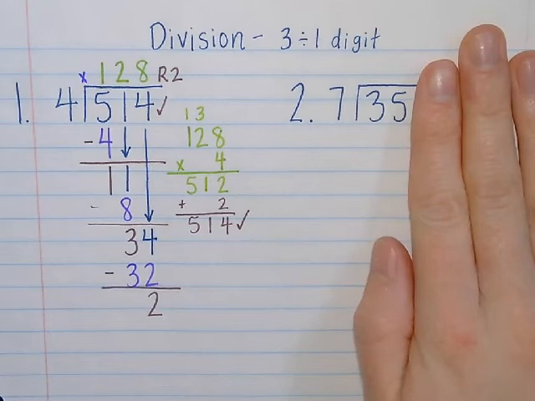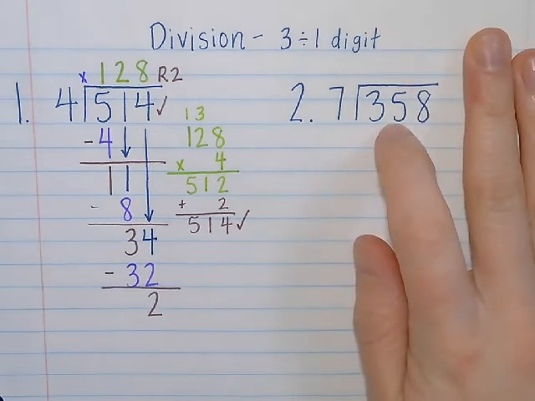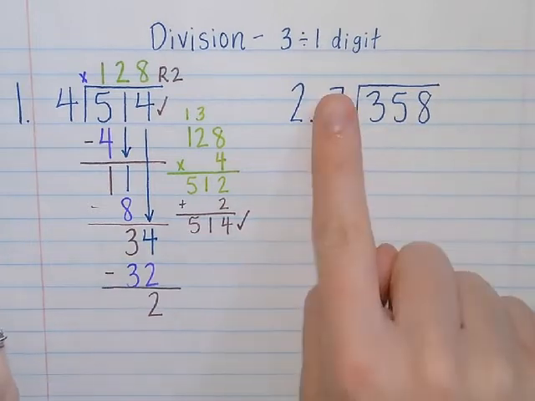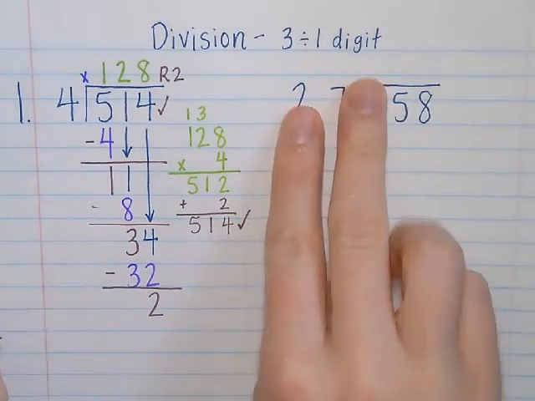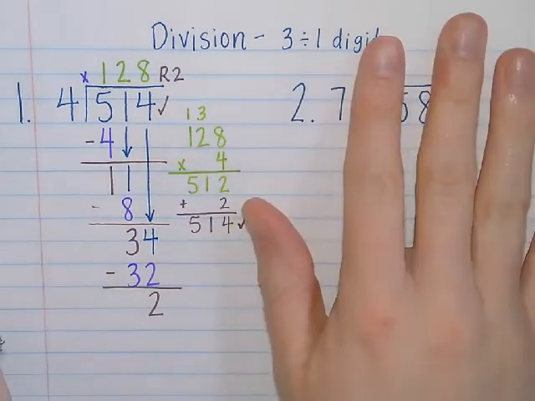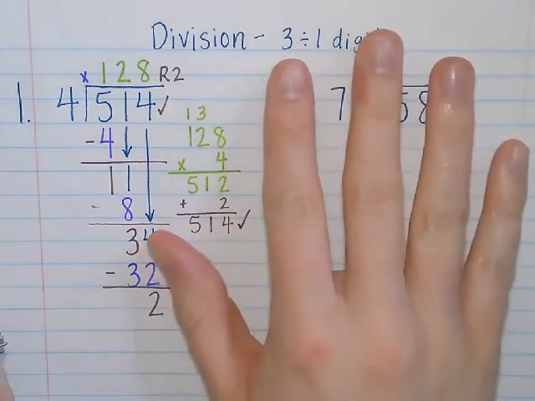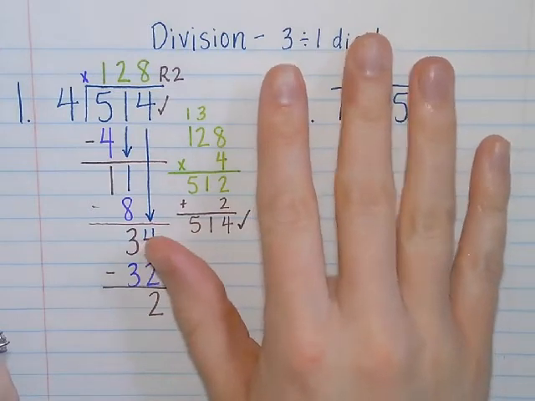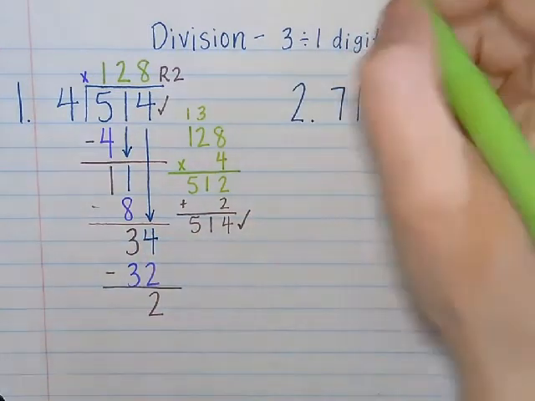So I'm going to count by 7s until I get as close to 35 as possible without going over. So I have 7, 14, 21, 28, 35. So I hit 35 right on the 5th time, so that 5 goes right above the 35.